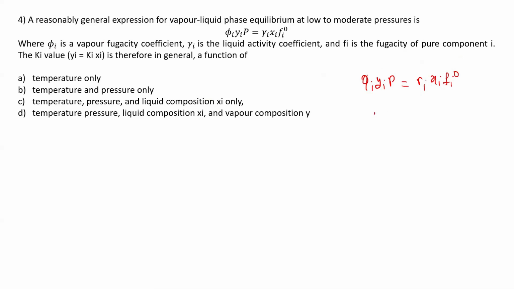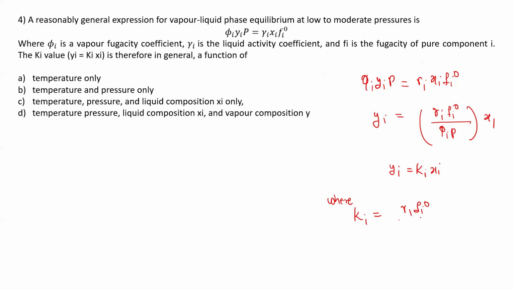If I write it in terms of yi equal to Ki xi, where Ki equals gamma i fi naught by phi i into P.